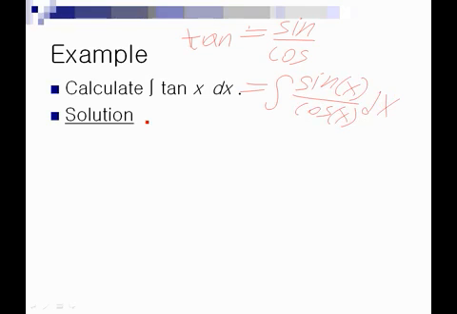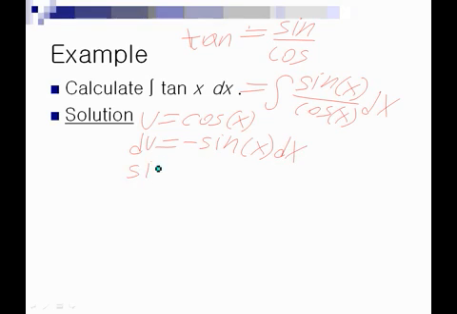In this case, we'll find it advantageous to have u equal cosine of x. So du, therefore, will be negative sine of x dx. So therefore, sine of x dx is equal to negative du.